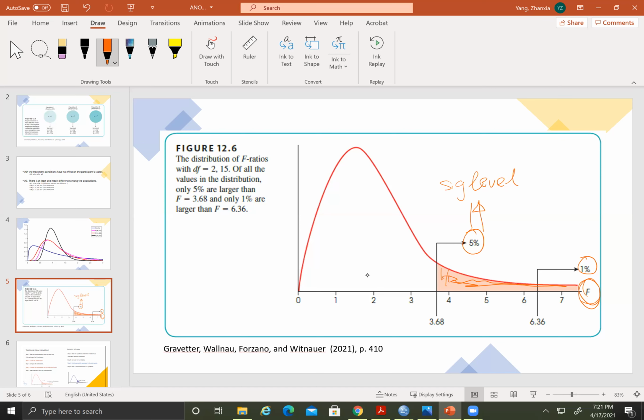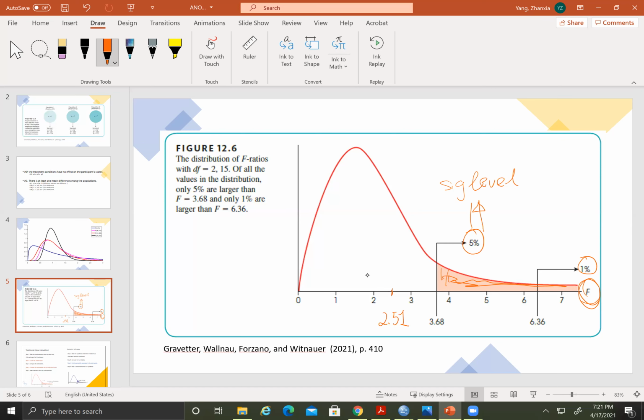For example, if we have an F value between 2 and 3, say 2.51, then we are able to make a decision whether to accept or reject the null hypothesis, by the probability associated to this F value.